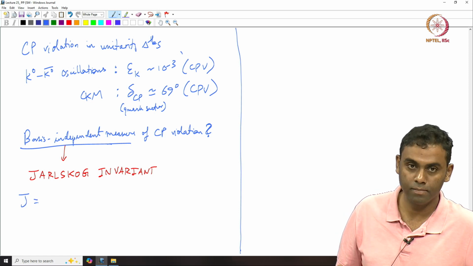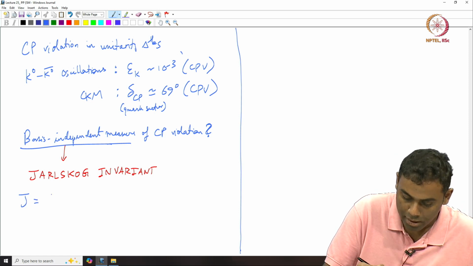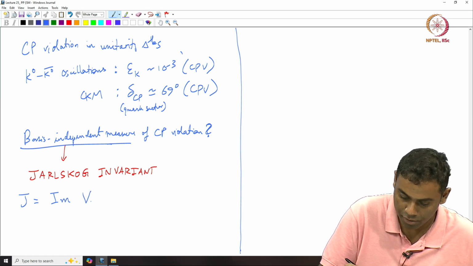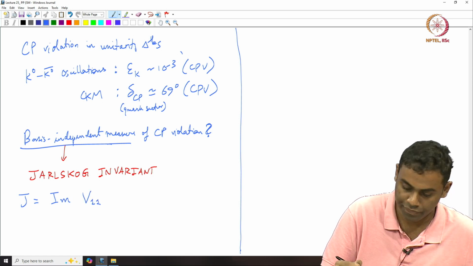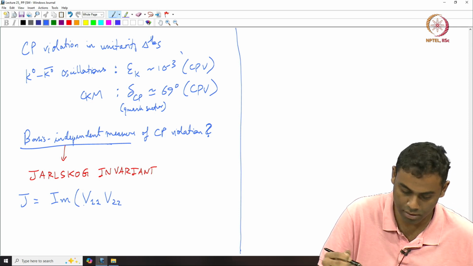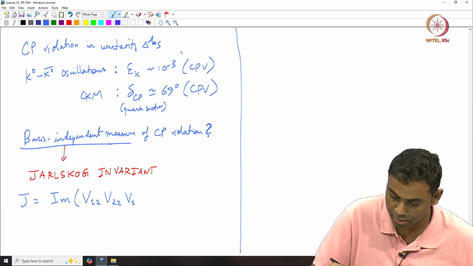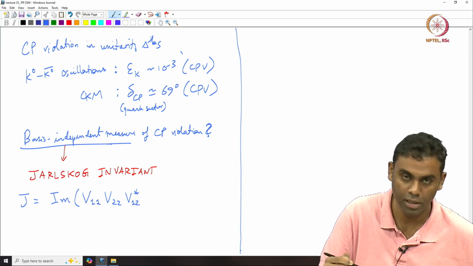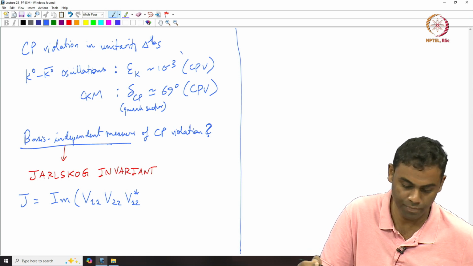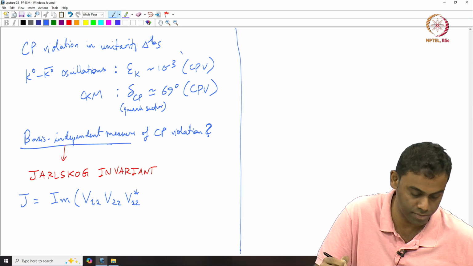I am going to call it J. That is nothing but the imaginary part of, and I am slightly switching notation here, please do not get thrown off by it. Instead of Ud, Us and so on, I am going to use V11, V12 etc. So, these are still the CKM elements.